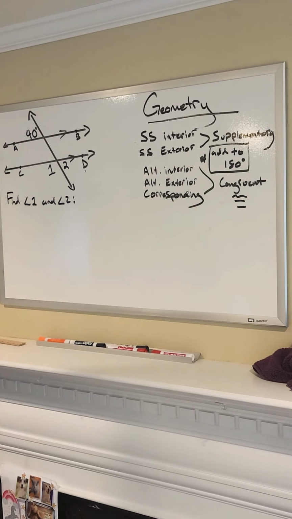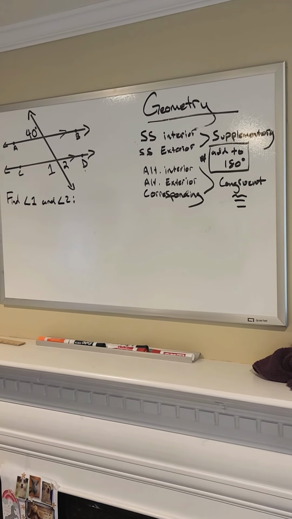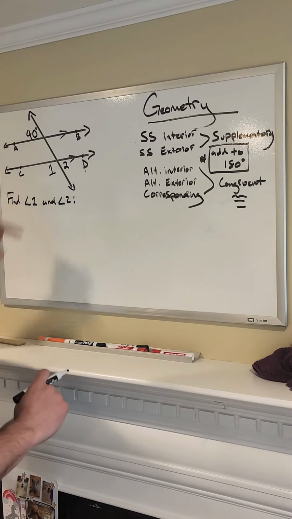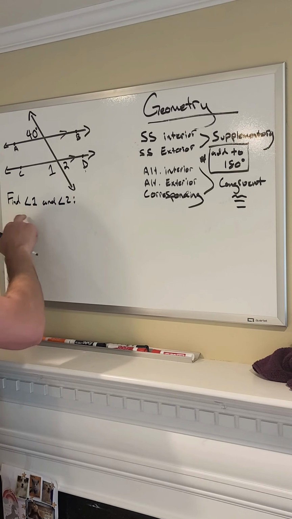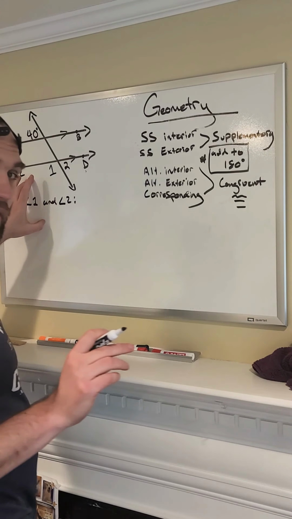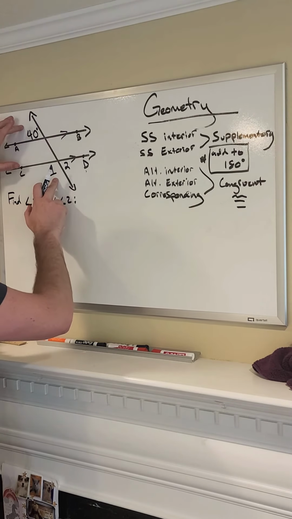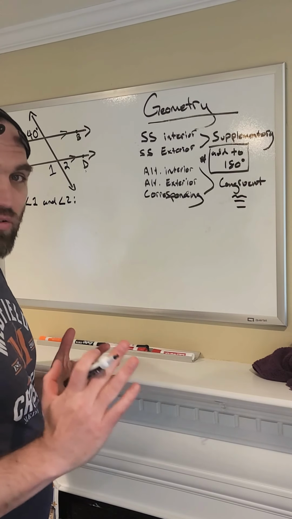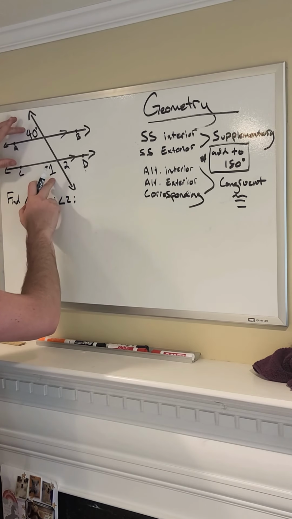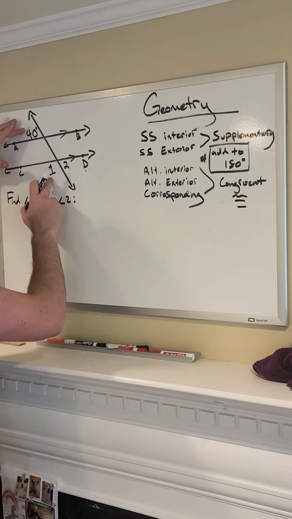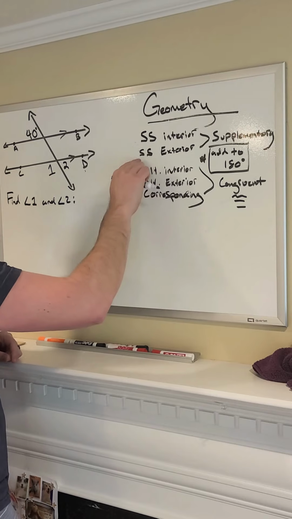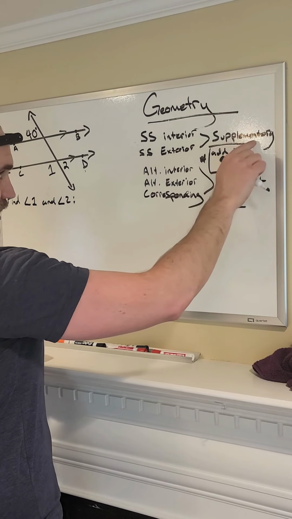Now we take a look at the problem I set up over here. I'm giving you 40 degrees in the upper left-hand corner, and it asks you to find angle 1 and angle 2. Let's start with angle 1. I look at the 40 degrees and ask, what side of the transversal are they on? Opposite sides or the same side? They're on the same side. Are they on the outside or inside? They're outside, so they're exterior. Same side exterior angles are supplementary.